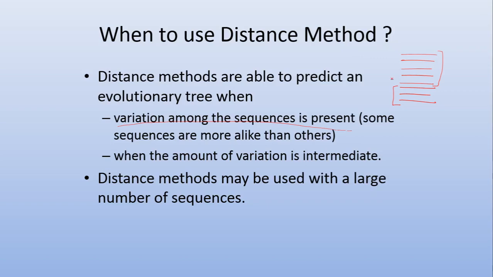So when the amount of variation is intermediate, not all the sequences are highly conserved, while some can be variant or divergent, and you have a large number of sequences in your data set, then you usually use the distance-based method. Many times this would be the ideal situation: you might end up with a huge number of sequences in your data set, and there is a possibility that a few of the sequences are very similar to each other, while some of the others might not be.